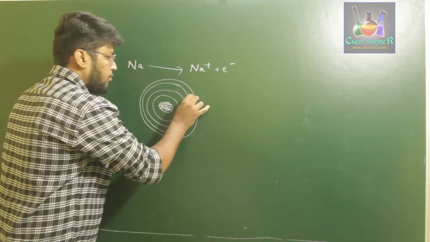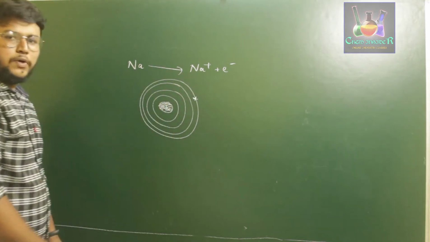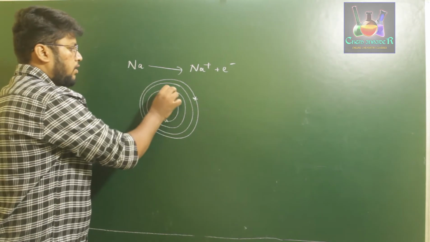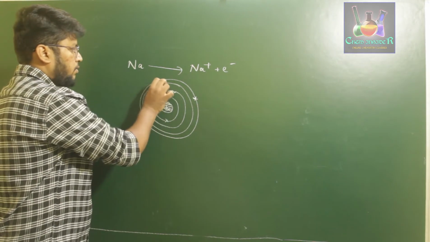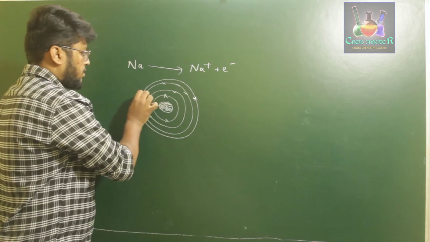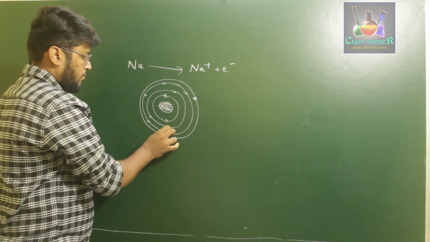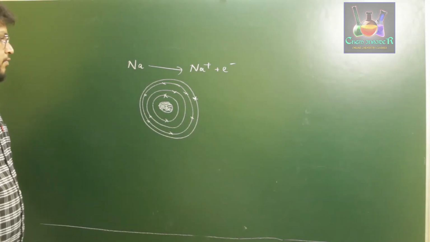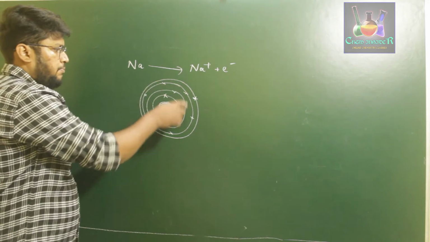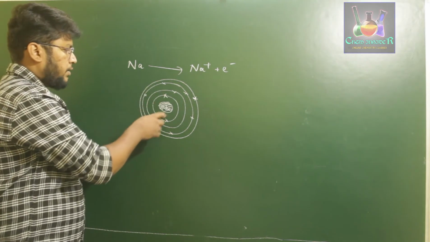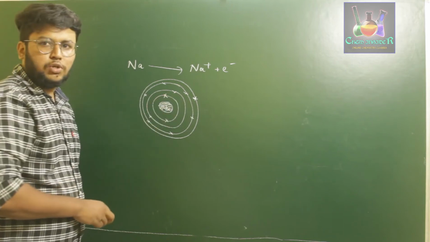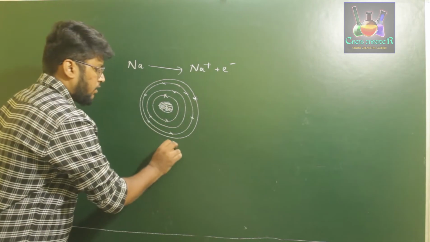If you fill the electrons, 1s2, 2s2, 2p6, we have 6 electrons in the 2p orbital, 2 electrons in 2s, 2 electrons in 1s, and 1 electron in the 3s orbital. Now this is the ground state, right?